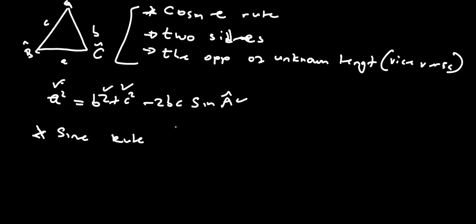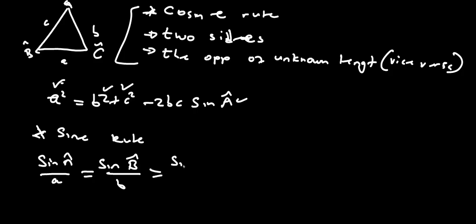The sine rule, as I said, is sine angle A divided by A equals the sine of B divided by the length B, equals sine angle C divided by the length C. So this actually comes to this triangle, where this A is our angle and its opposite side is A, small letter a there.